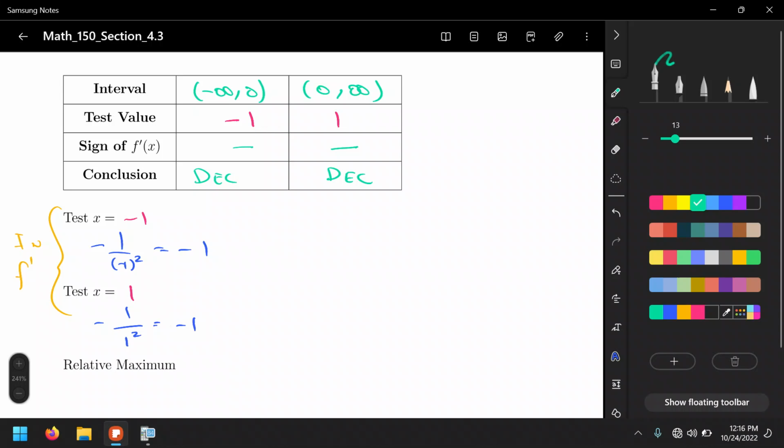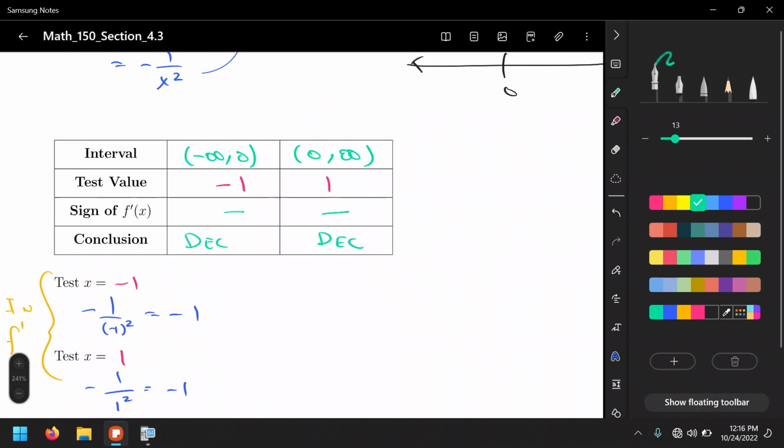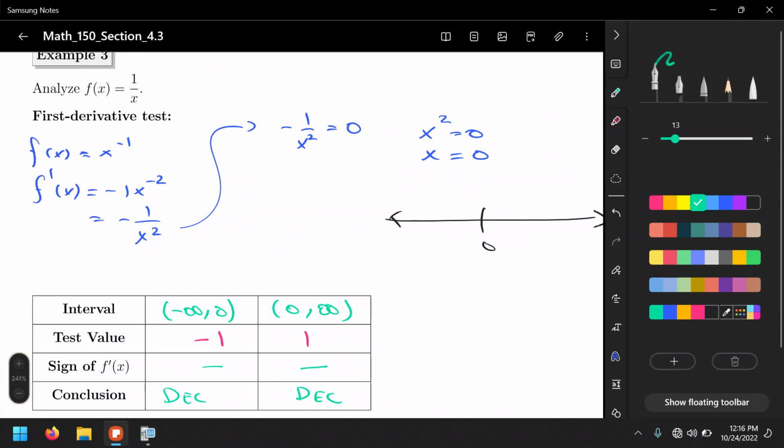In fact, even if we had any change between increasing and decreasing, or vice versa, decreasing to increasing, that'd be an issue because that number is not in the domain of the function, because if you observe this function, x cannot be equal to 0.